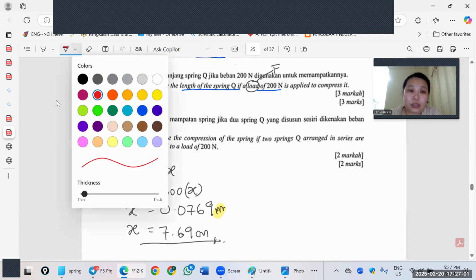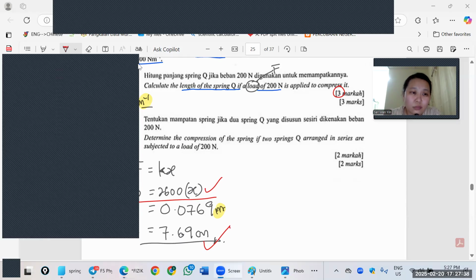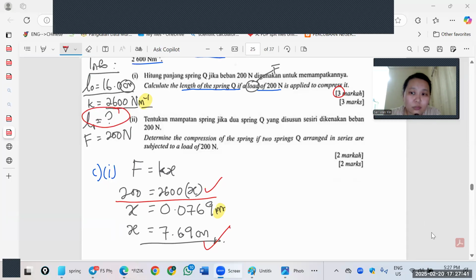If you can do up to here, actually info has no marks, but info helps you to figure out. So if you can get here, you will get 1 mark and 2 marks, but you will lose the third mark. May I know what is your third mark? Yeah, correct.